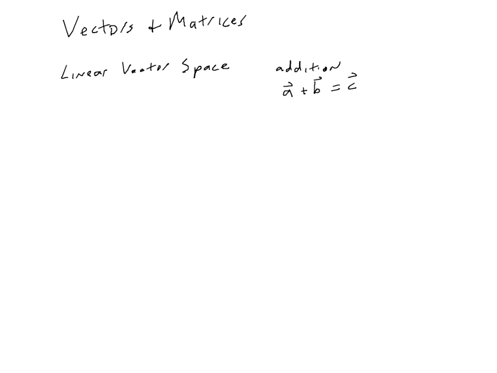So if you add vectors to other vectors, you always get vectors, and that's why we call it closed under this operation. Another thing is multiplication by a scalar. If you take a vector and multiply it by a scalar, the result is another vector.